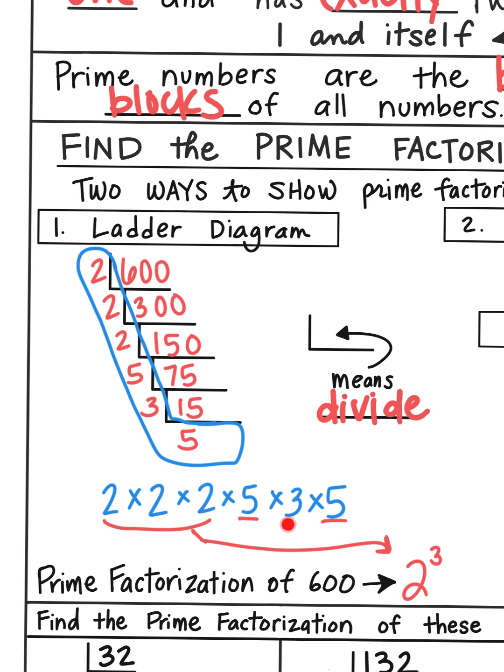I'm going to go with 3 next, but there's only one 3. Do I need to put 3 to the 1st power, or can I just write times 3? Just times 3. And then how many 5's do I have? 2. So that's going to be 5 squared.